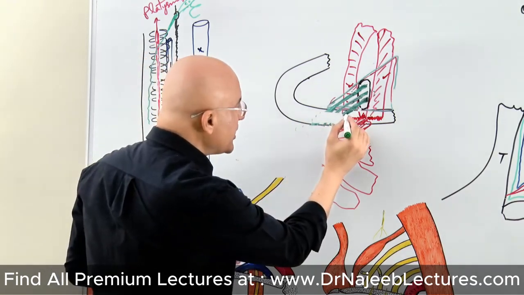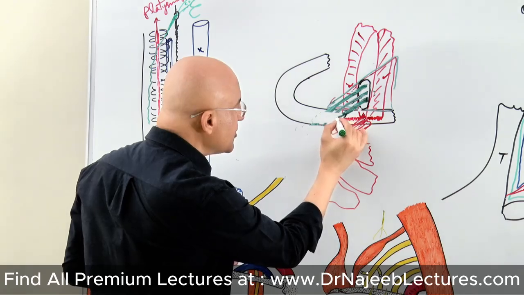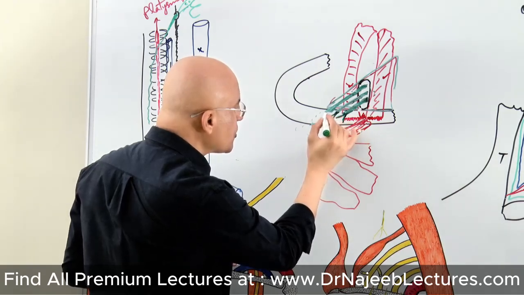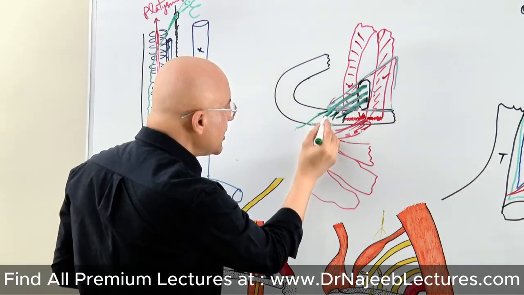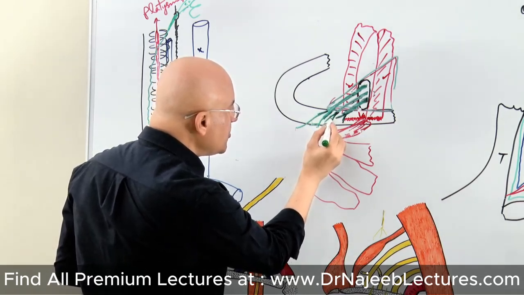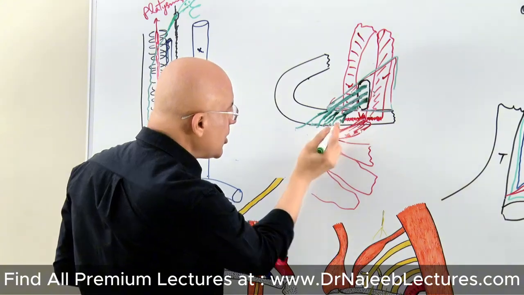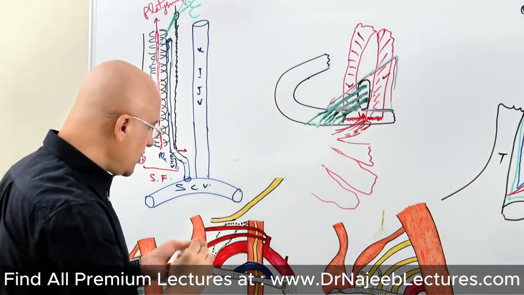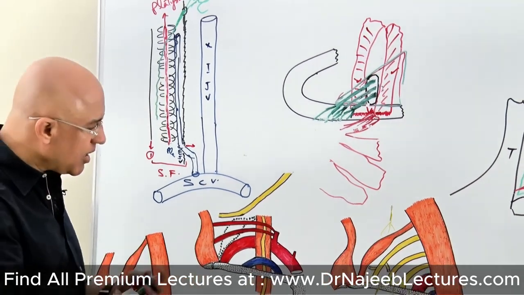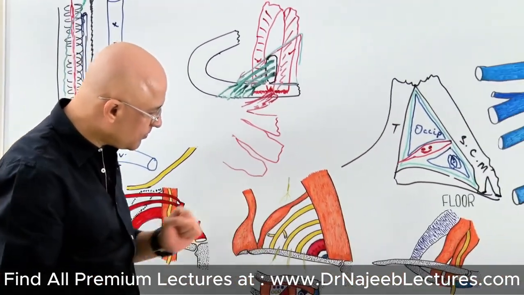Here they divide into posterior and anterior division. Everyone divided into posterior and anterior divisions, and then these divisions will be behind, just lying over the first rib. So, we look here in this diagram.